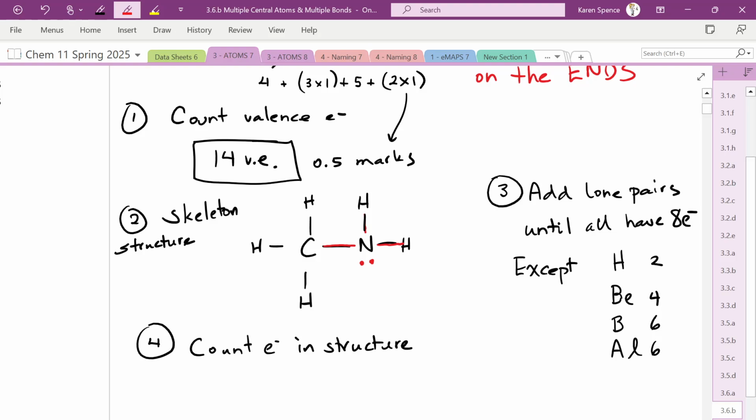I get 14. And we don't just count them, we compare to what? The original number.